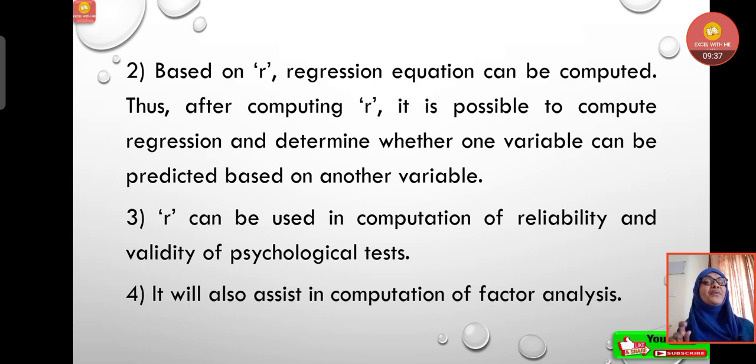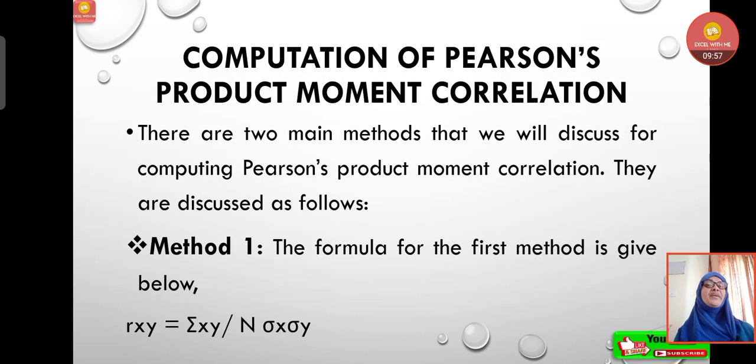Thus after computing R, it is possible to compute regression and determine whether one variable can be predicted based on another variable. R can be used in computation of reliability and validity, very important these two, of psychological tests. It will also assist in computation of factor analysis.